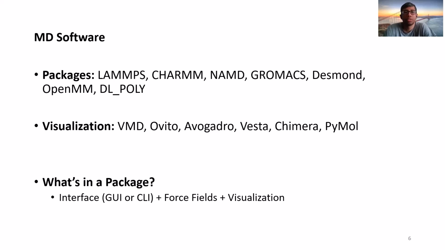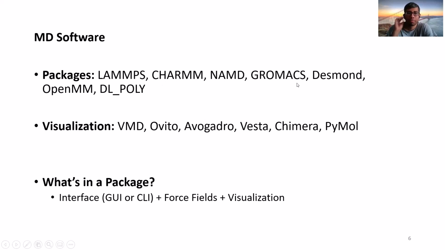In terms of MD software, there are several packages that you can use. The most popular ones are LAMMPS, CHARMM, NAMD, GROMACS, Desmond, OpenMM, DL_POLY, and there are many more that are popularly used. Which package is appropriate for you depends on what problem you're trying to solve. For example, if you want to solve a problem associated with proteins or biomolecules, you will probably use CHARMM, NAMD, or GROMACS.